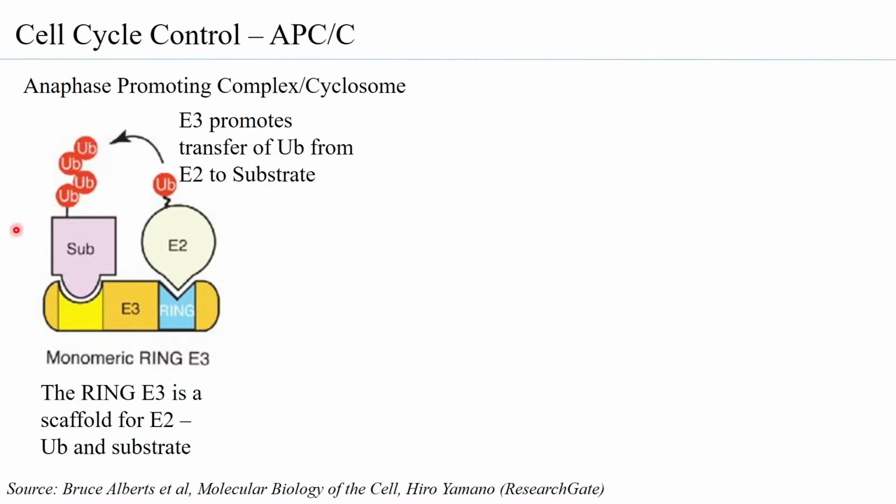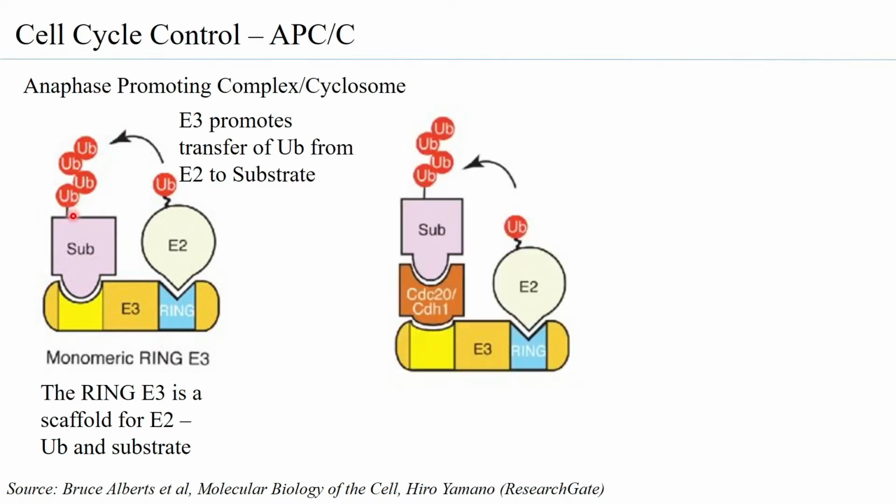So ubiquitination of a protein or a substrate is basically a kind of message that is saying that this substrate needs to be degraded. So what has been observed is that the E3 or the anaphase promoting complex functions better, or it has an enhanced function, when either CDC20 or CDH1 are bound. So they act as activators.